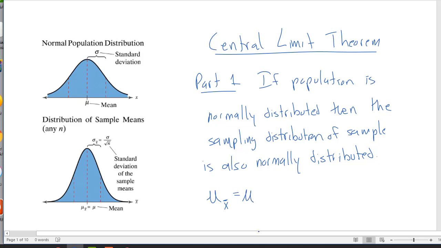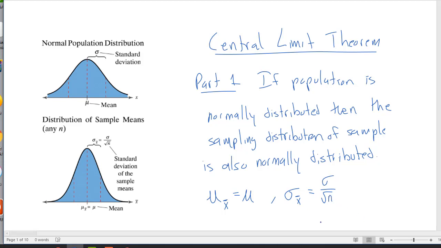So again, in words, the mean of the distribution of sample means is going to equal the mean of the population. Now, the standard deviation of the distribution of sample means is equal to the population standard deviation divided by the square root of the sample size.